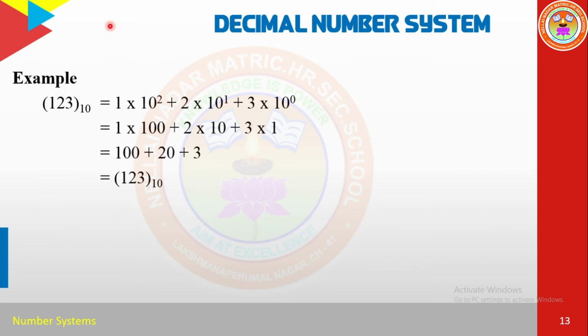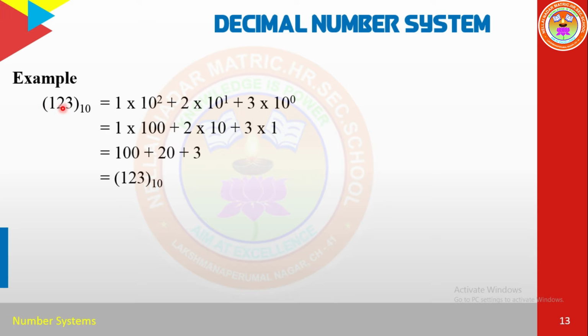This is the example of a decimal number: 123. How do I say this is a decimal number? Because the digits are framed between 0 to 9: 1, 2, 3.